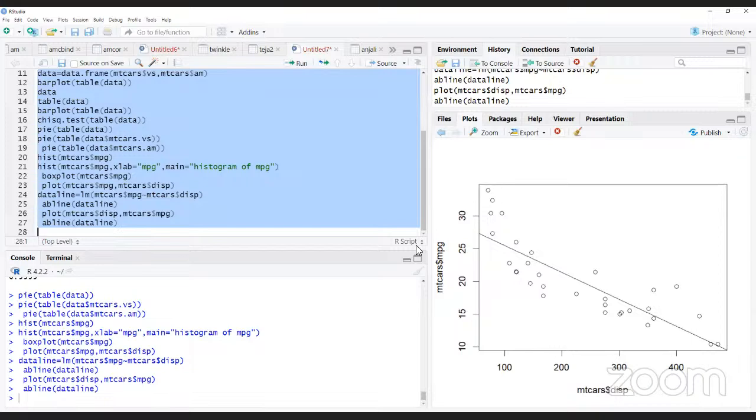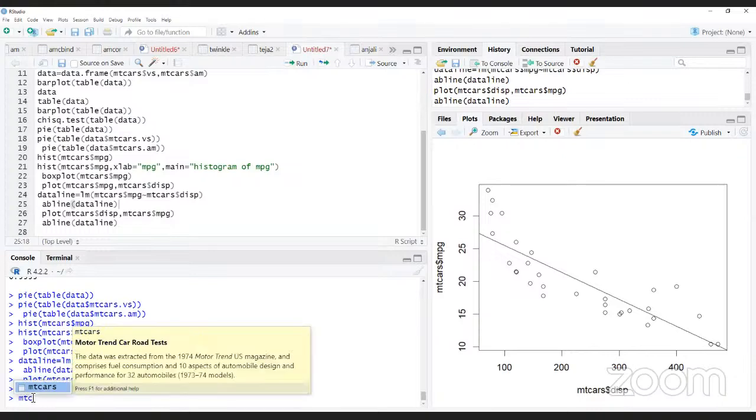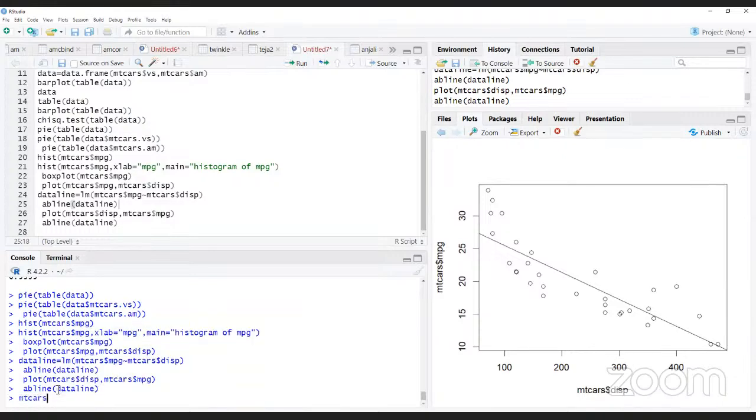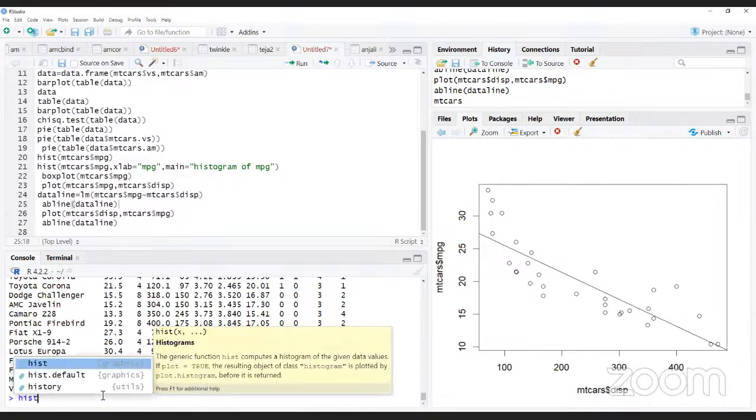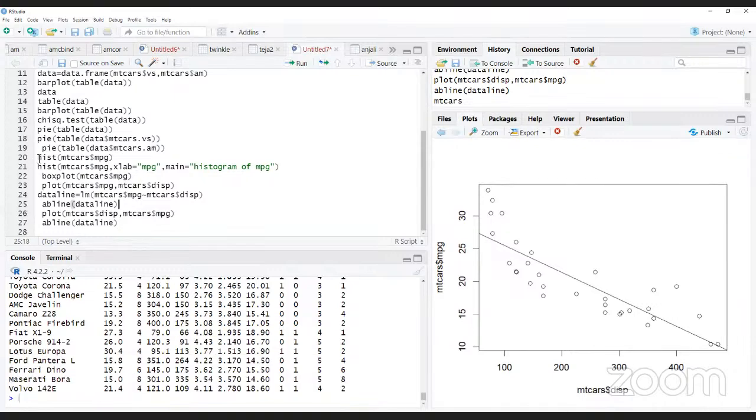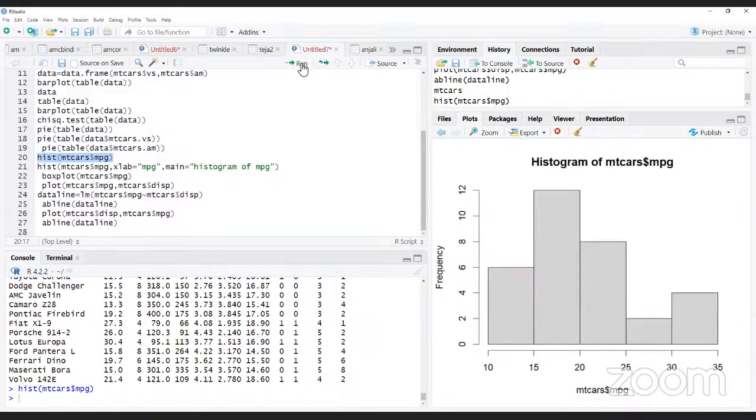No, Farah. So please write down mtcars. Enter. Then you click hist(mtcars$mpg), line number 20. Run. Okay.